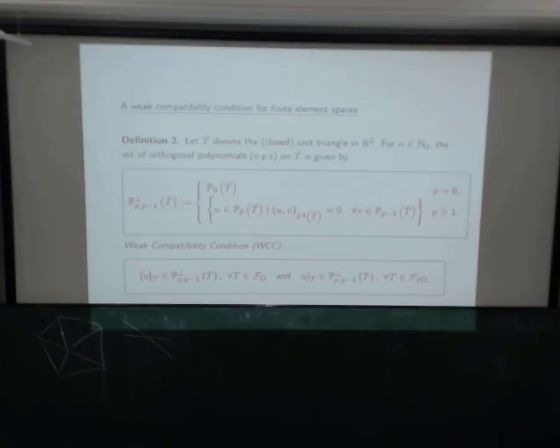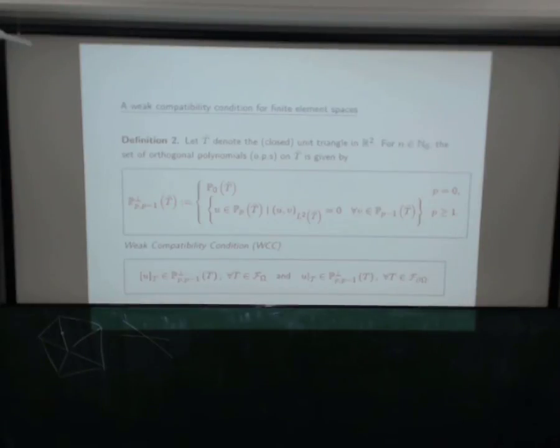In 1D, you can do it also for higher degrees quite easily, because the dimension of the orthogonal polynomials in one variable is 1. Yeah? You have the Legendre polynomials. Legendre polynomial of degree p is orthogonal to all polynomials of lower degree, and the dimension of the space is 1. In 2 dimensions, the dimension is higher.